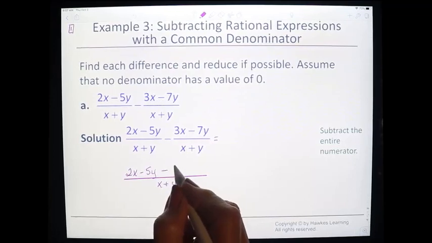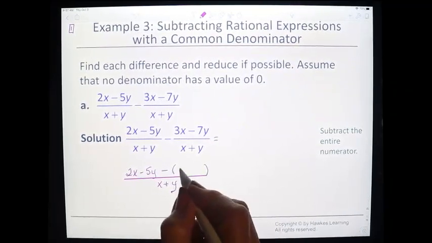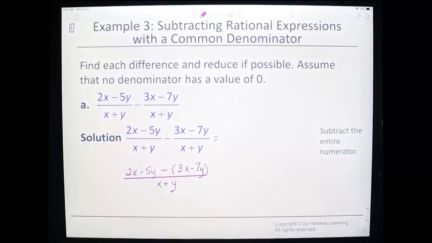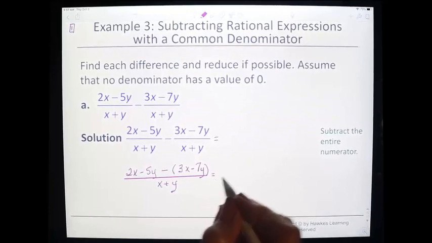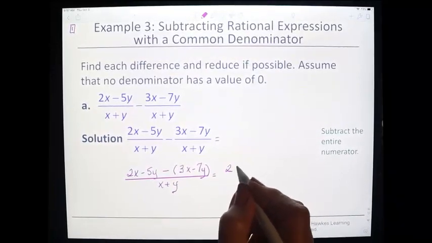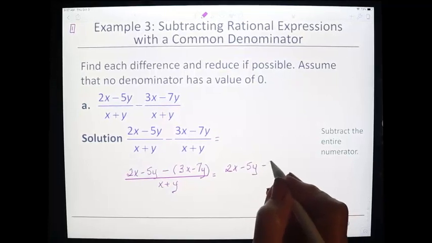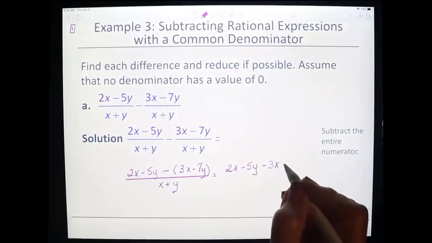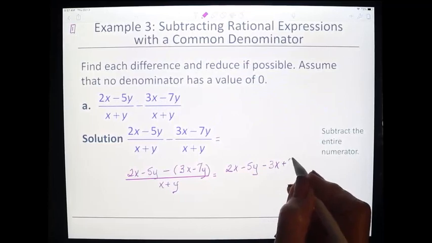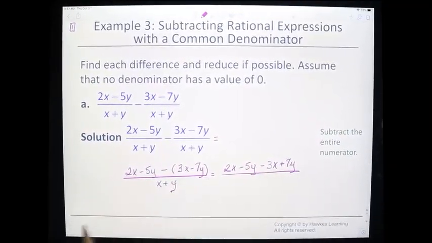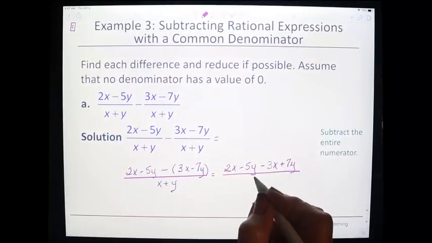So we're subtracting this entire numerator, 3x minus 7y. So I'm going to go ahead and put that second numerator in parentheses so that you can recognize that I'm going to need another step here to make some sign changes. The positive 3x becomes negative 3x, and the negative 7y becomes positive 7y, and notice that the parentheses are now dropped away.